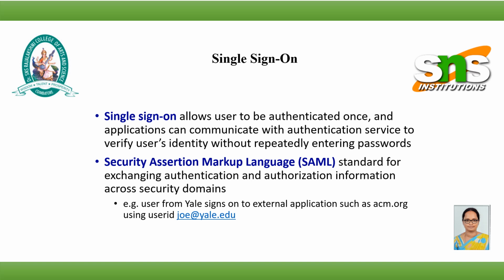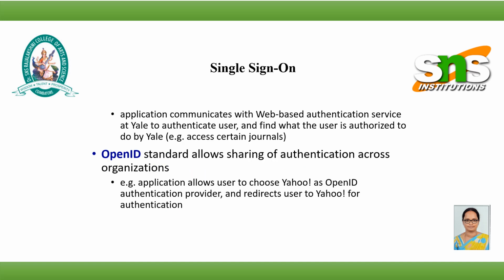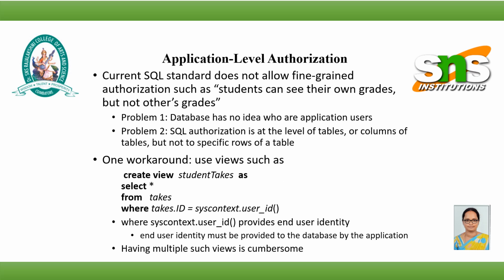Based on the single sign-on concept, it opens. The application communicates with the web-based authentication service to authenticate the user. If that user is authorized, then he or she can open and use it. The OpenID standard allows sharing of authentication across organizations, so if you want to share information across organizations, you can share it using the OpenID standard.